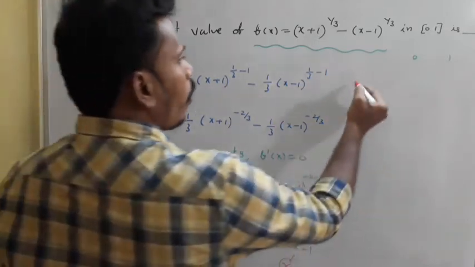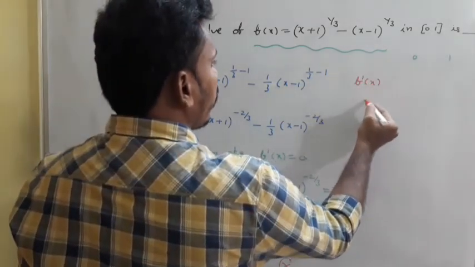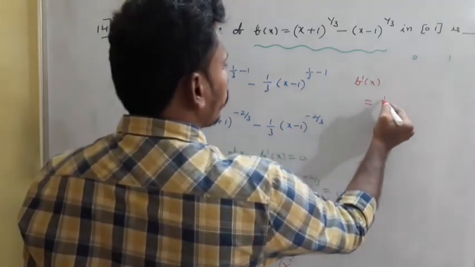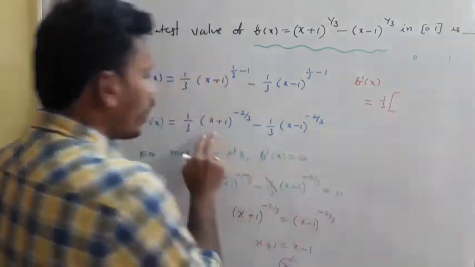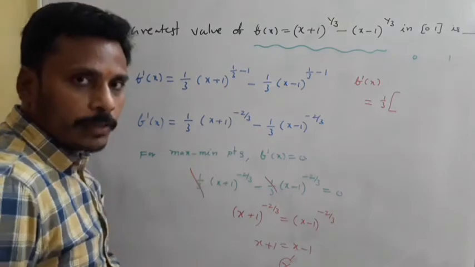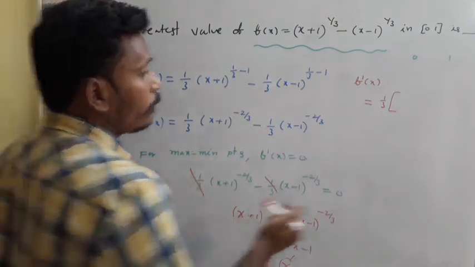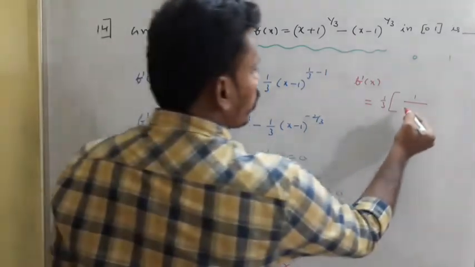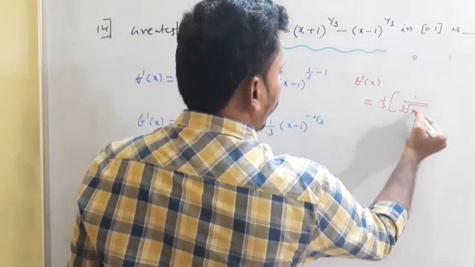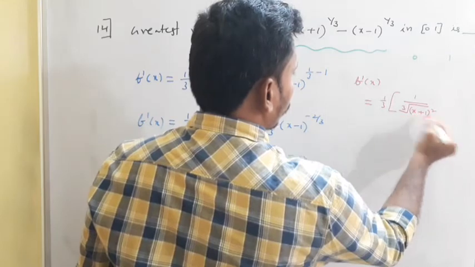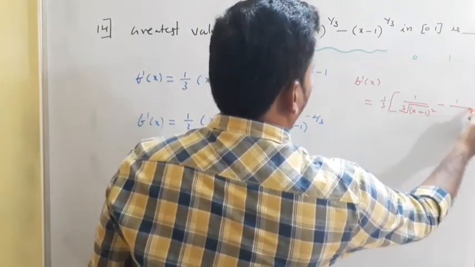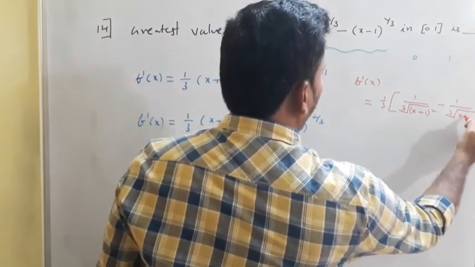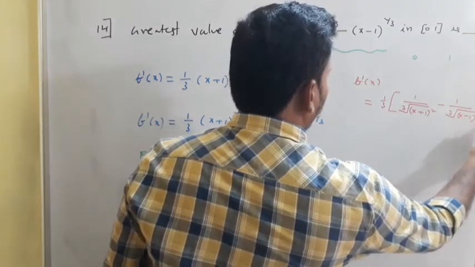As we said, critical point means either f dash of x equals 0 or f dash x does not exist. When you write f dash x once again, as per this, f dash x equals 1 by 3 of (x plus 1) power minus 2 by 3. (X plus 1) power minus 2 by 3 means 1 by (x plus 1) power 2 by 3, which is 1 by cube root of (x plus 1) whole square, minus 1 by cube root of (x minus 1) whole square.